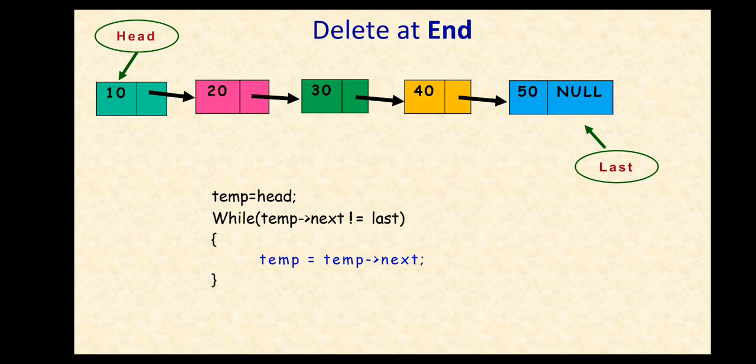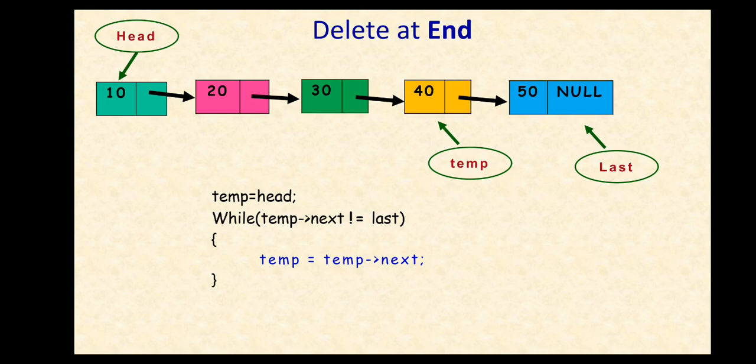Whenever I write temp is equal to temp next, see what happens. Initially temp points to the first node, and temp is equal to temp next means temp will point to the second node. Again the condition is true, so temp will point to the third node. Again temp is equal to temp next, so it points to the fourth node, that is the last but one node.